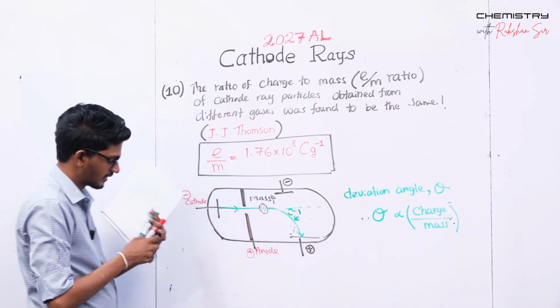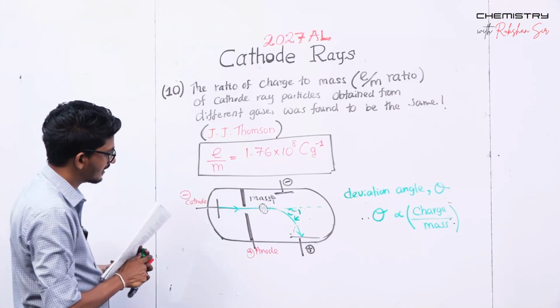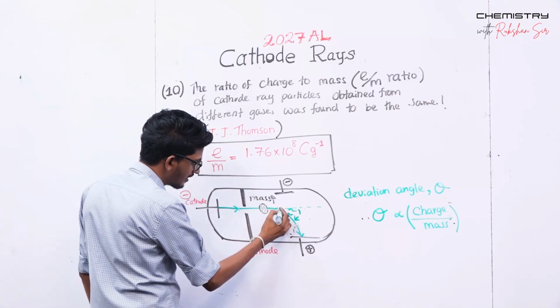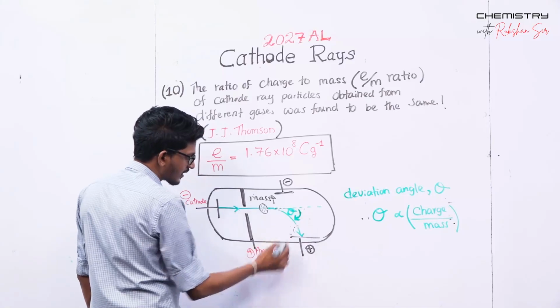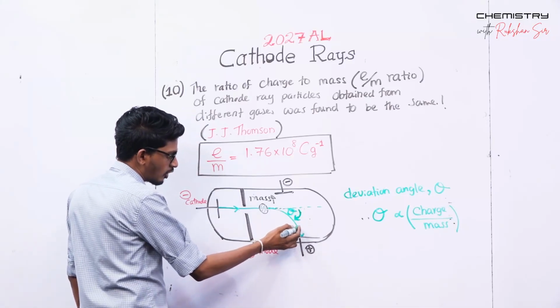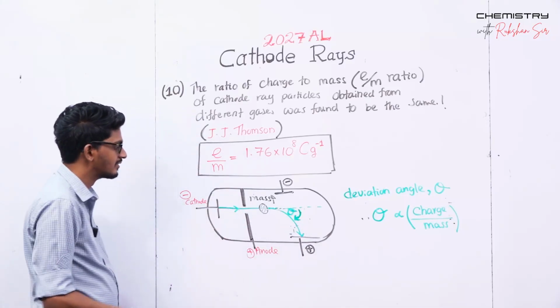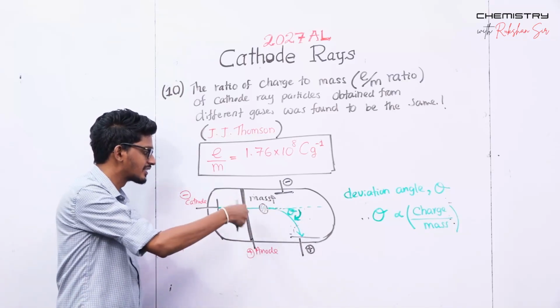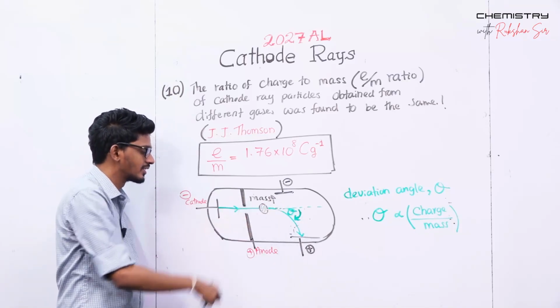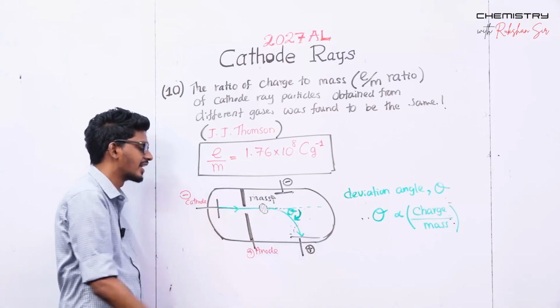So what Thomson observed is, with all the gases, like if you apply helium gas inside a tube, you get this deviation angle. If you change the gas to neon, still you get the earlier deviation angle.